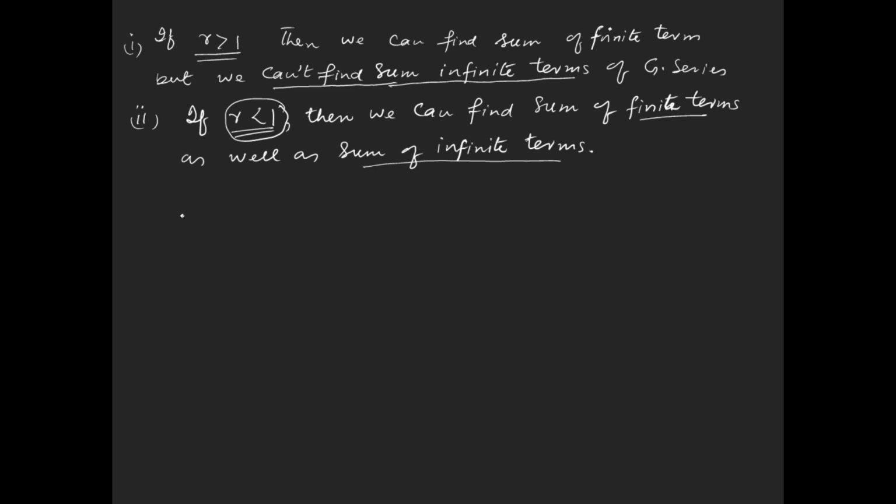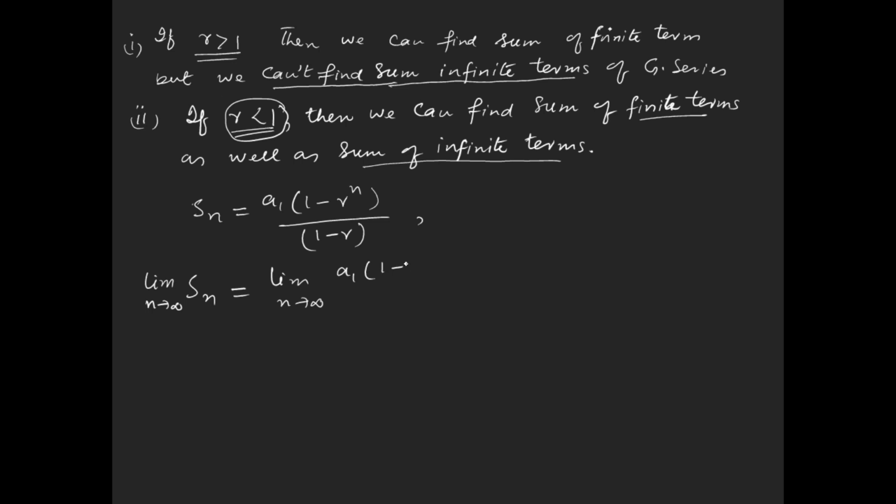For r less than 1, the formula for finite terms was Sn equals a1 times (1 minus r power n) divided by 1 minus r. So this was the formula for finite terms. Now for infinite terms, we will apply the limit n approaches infinity to a1 (1 minus r power n) divided by 1 minus r.